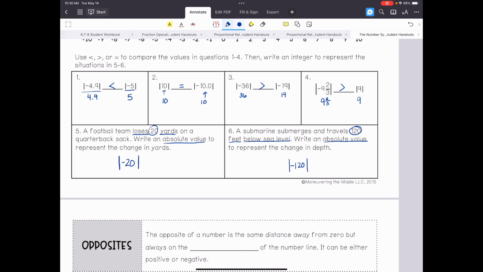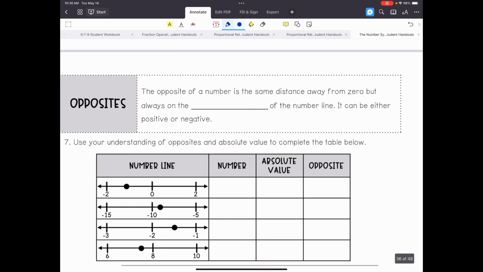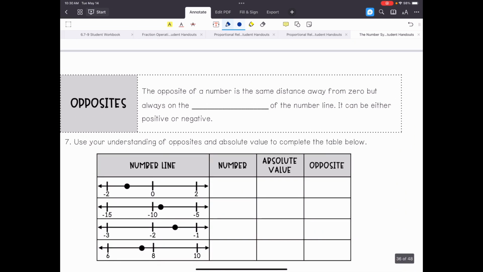So let's go on. The next thing is opposites. We've talked about this briefly in classes before, but the opposite of a number is the same distance away from 0, but always on the opposite side of the 0 of the number line. So on the other side of the number line, it can be either positive or negative.